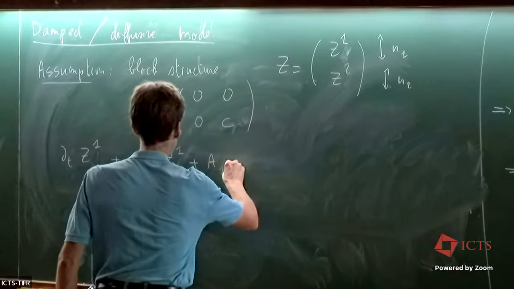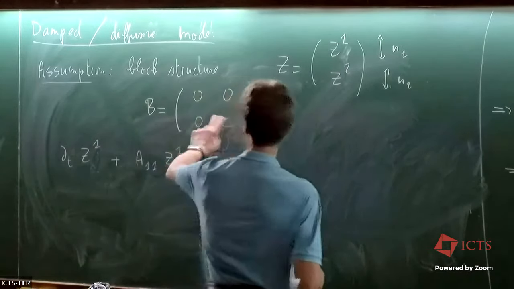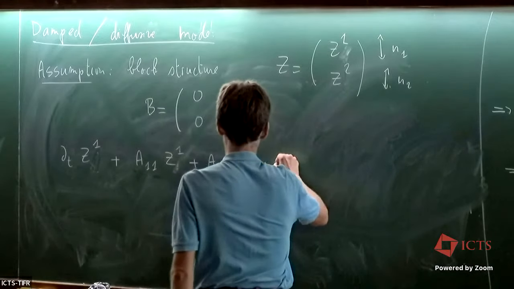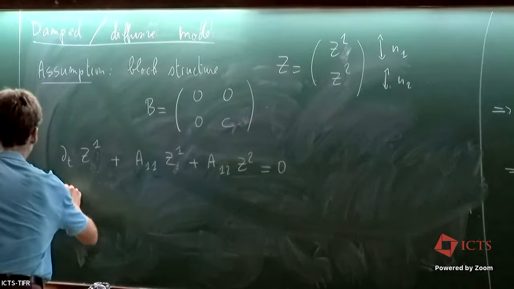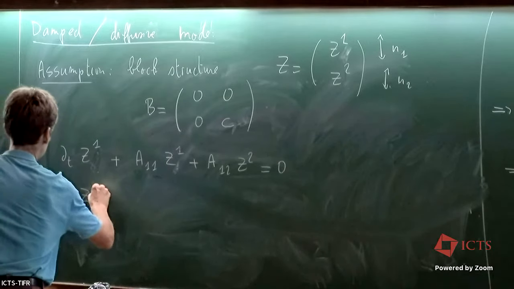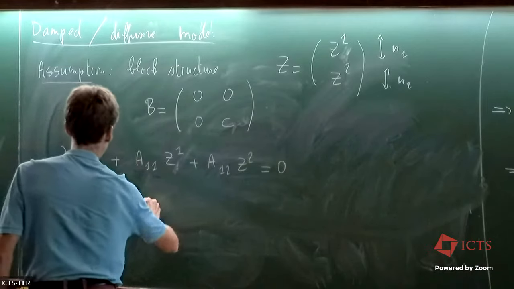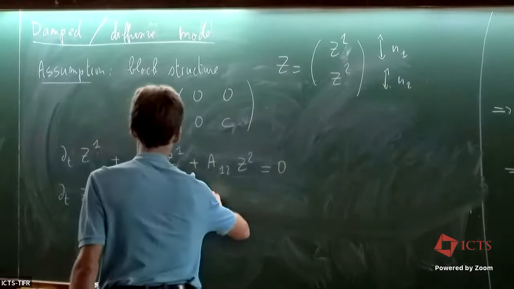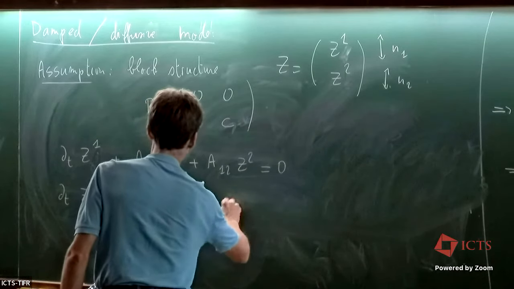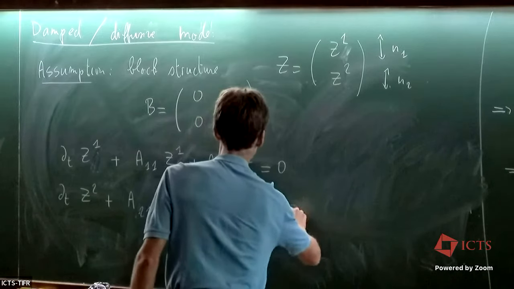So this is the first equation. You have no diffusive or damped part. And the second one reads as follows: A21 Z1 plus A22 Z2 plus C Z2 equals 0.